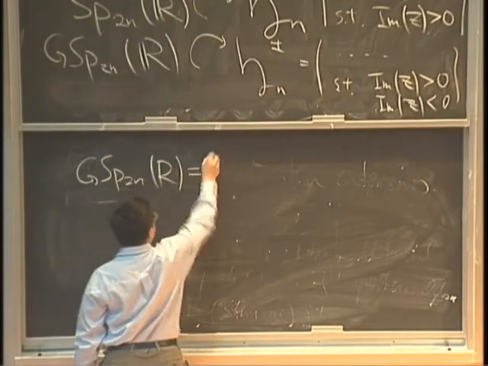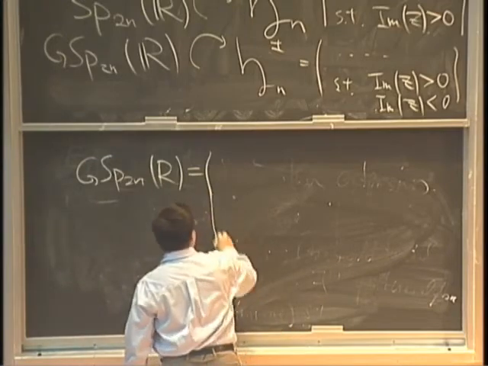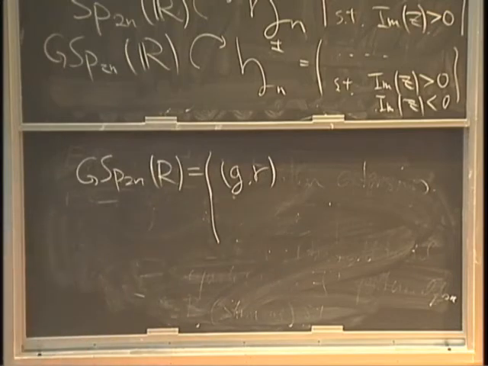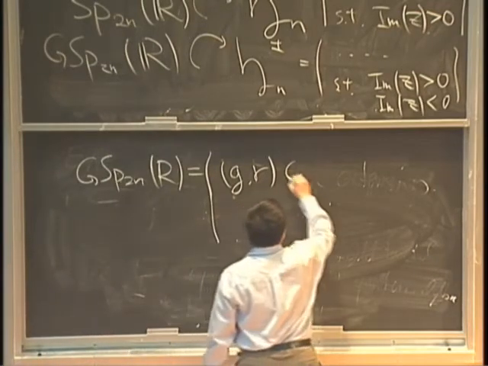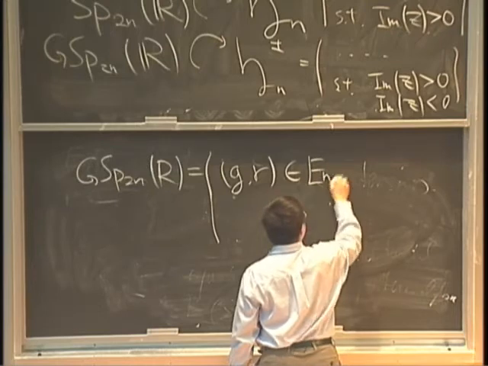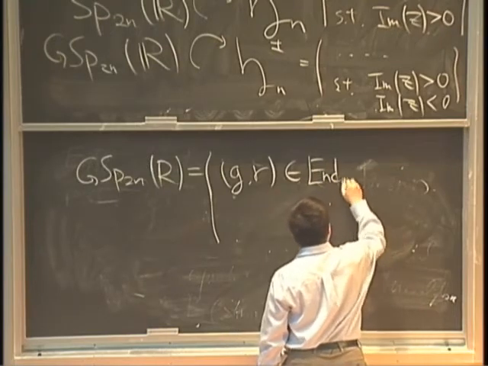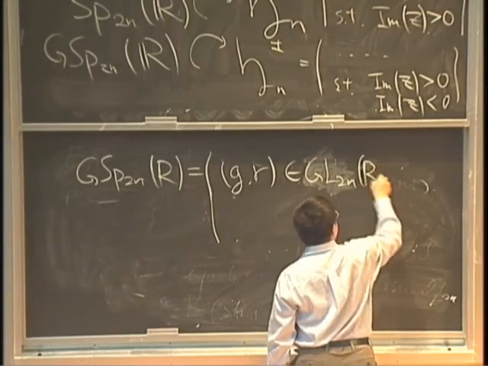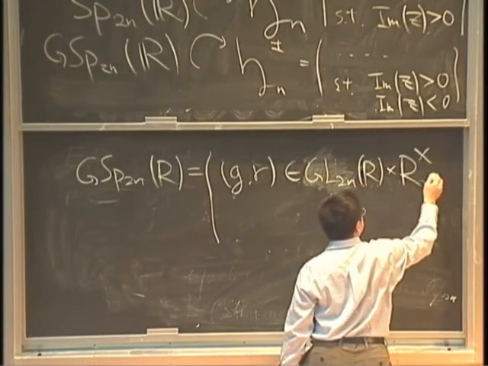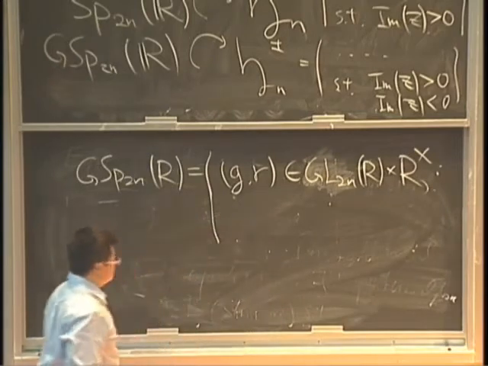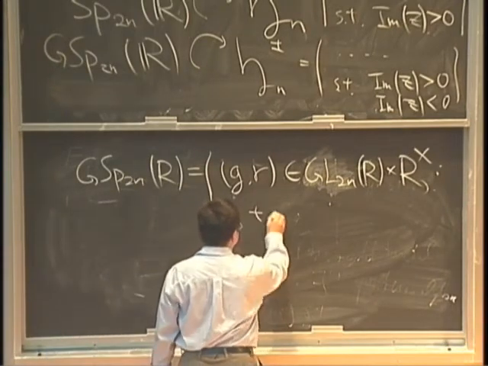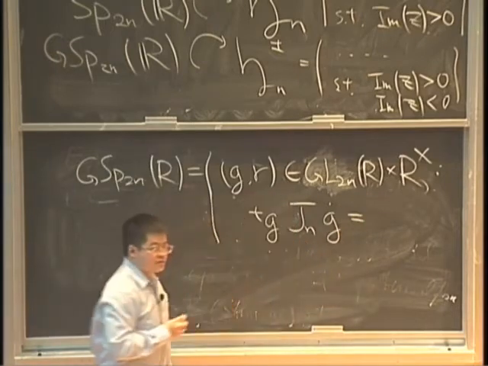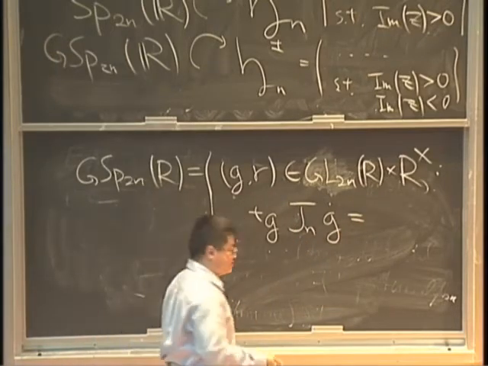For any ring, you now consider all the matrices of size 2n, but I add an additional element there, which is just going to be a scalar. Then I have the invertible elements, and now the difference will be that previously we had this equal to exactly the same thing, but now you're allowed to adjust your pairing up to a scalar.